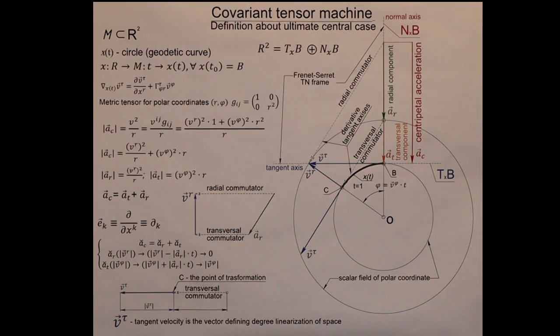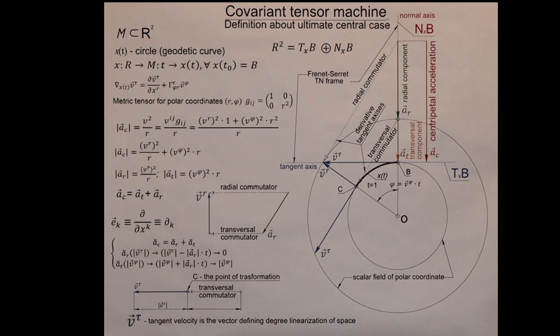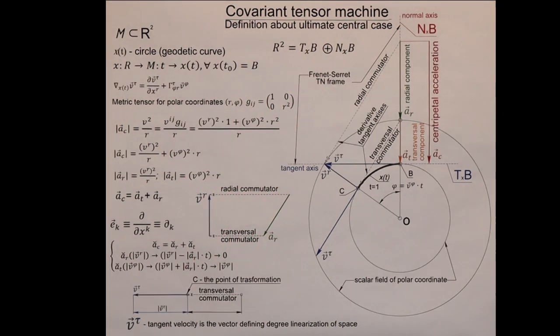Examine closely the diagram of commutators. It closes a trapezium where the lines of the commutators are parallel. At every moment, the projection of the radial component of acceleration is equal to the radial component of velocity.